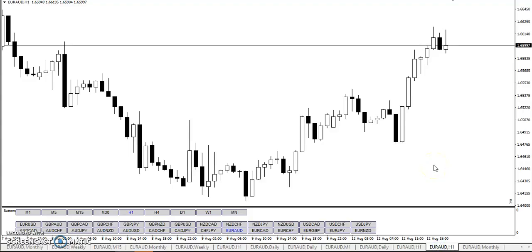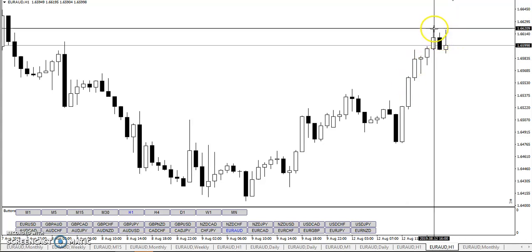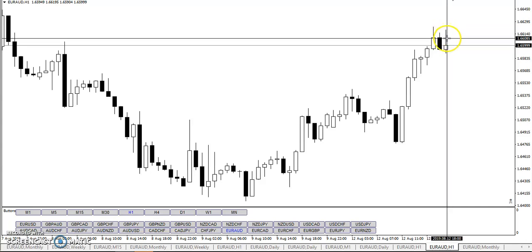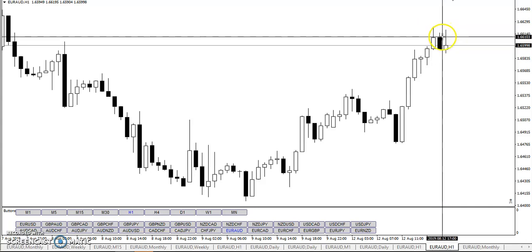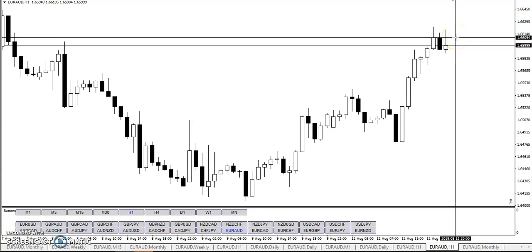Just a blank chart here, looking at the H1. I mean, nothing exciting, but you can see right here, it made a new high, failed to make a new high, and pulled back, just trading out of the wick zone right there. So you don't even need my indicator. You can just look at the chart.